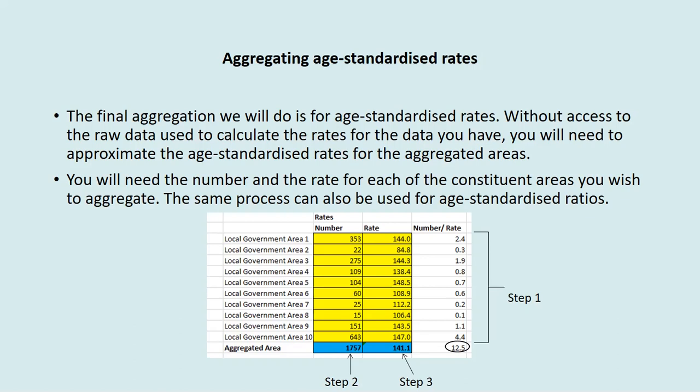Finally, divide the number of the constituent areas from step 2 by the sum of the numbers divided by the rates that we created in step 1. This will give you a very close approximate of the age-standardised rate for your group of areas. For this case, the new aggregated rate is 141.1.